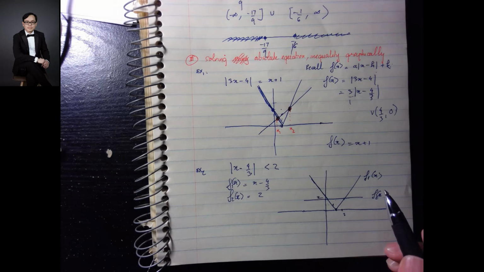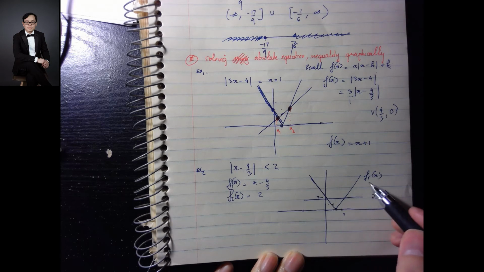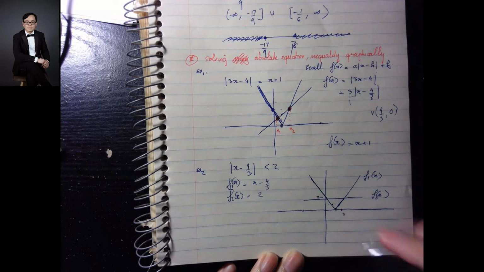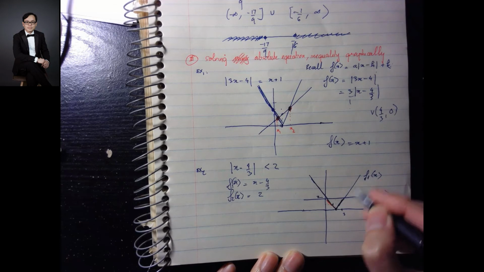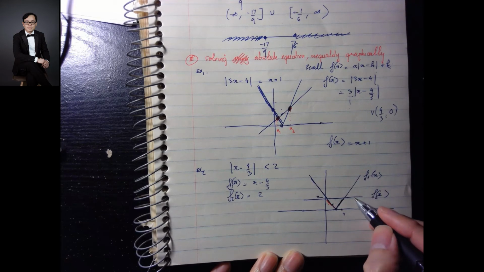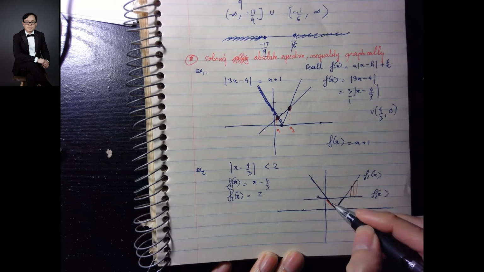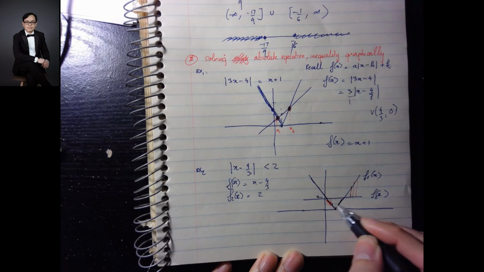Because f2 is over f1 over here, f1 here, f1 here, but f1 over here is above this. You see that? So only the part here has f1 below. You see? F2 above, right?